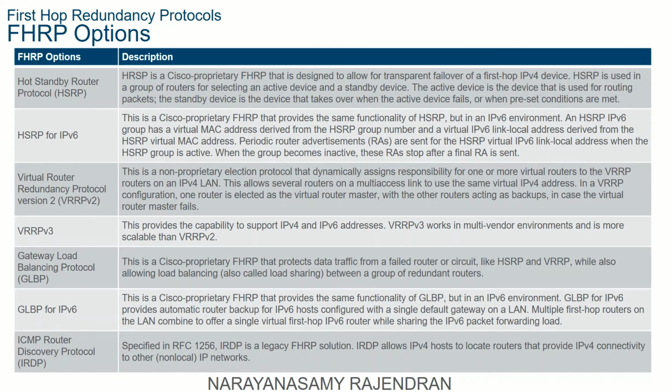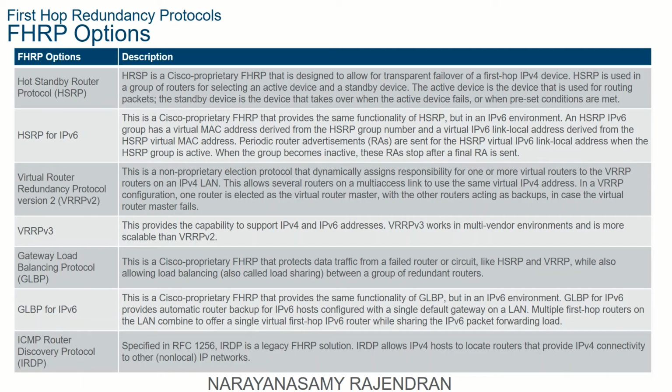First, let us take HSRP. HSRP is a Cisco proprietary FHRP that is designed to allow for transparent failover of a first hop IPv4 device. HSRP provides high network availability by providing first hop routing redundancy for IPv4 hosts on the network configured with an IPv4 default gateway address. HSRP is used in a group of routers for selecting an active device and a standby device.